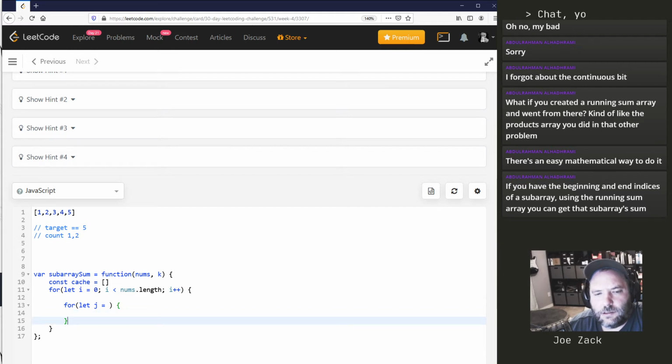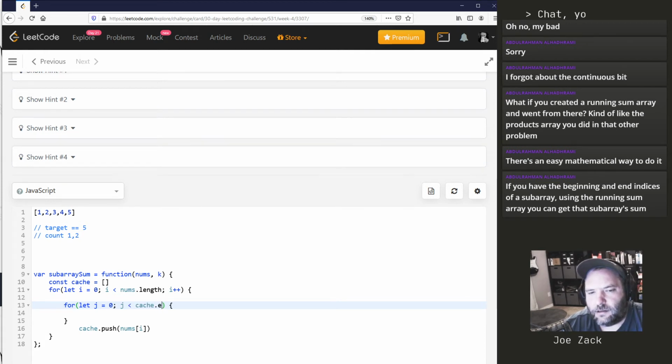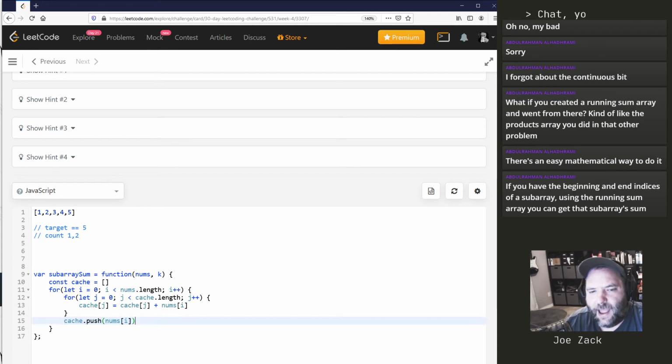Okay, cool. So for j equals 0, j is less than cache.length, j plus plus. And then we'll loop through the cache and we will add so cache at j equals cache at j, whatever we got there, plus nums at I. And then when we're done, we will add nums at I there.